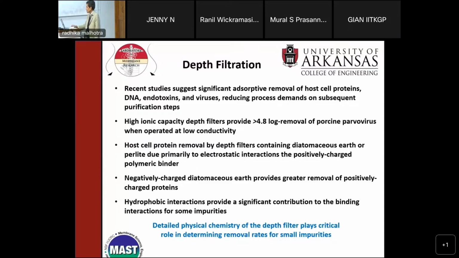Okay? Hydrophobic interaction provides a significant contribution to binding reactions for some impurities. So there's also this thing called hydrophobic interaction chromatography, right, in bioseparations. So you make use of multiple modes to remove them. And one of the new areas, if you are interested in chemistry and modifying membrane surfaces, is so-called multimodal ligands.